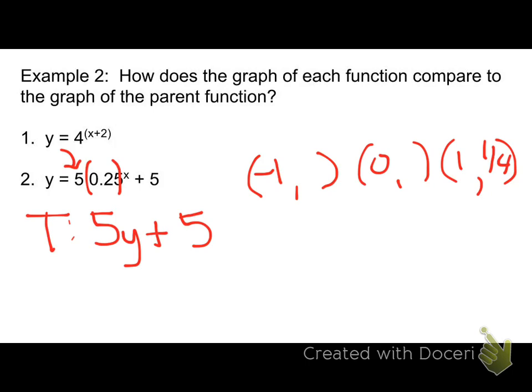John Hughes, where would 0 be normally? If we were to do y equals 0.25 to the x, when x equals 0, y would normally be? Yes. How about -1? Hunter Hensley.